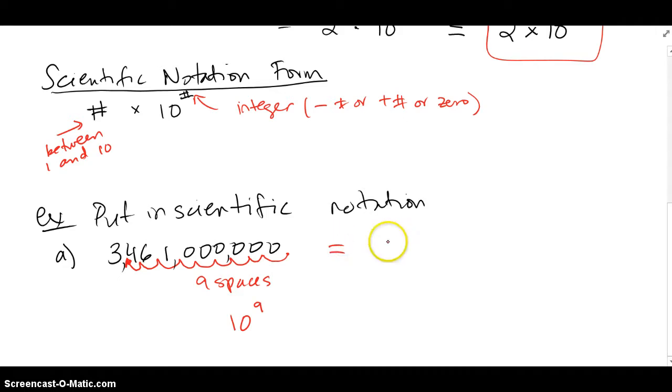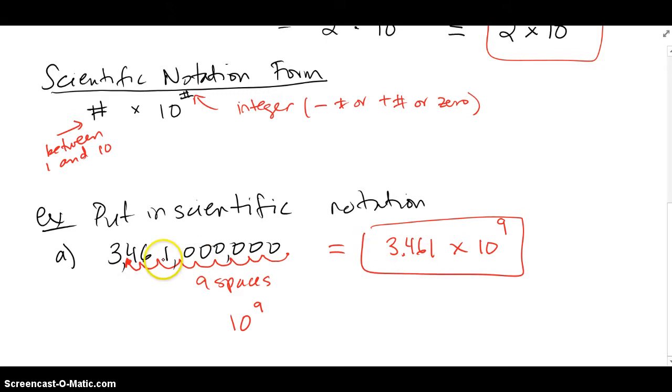That's going to translate into 3.461 times 10 to the 9th. And again, you stop when you reach a number between 1 and 10, and the power comes from how many spaces you tracked. So this is the scientific notation version of this number.